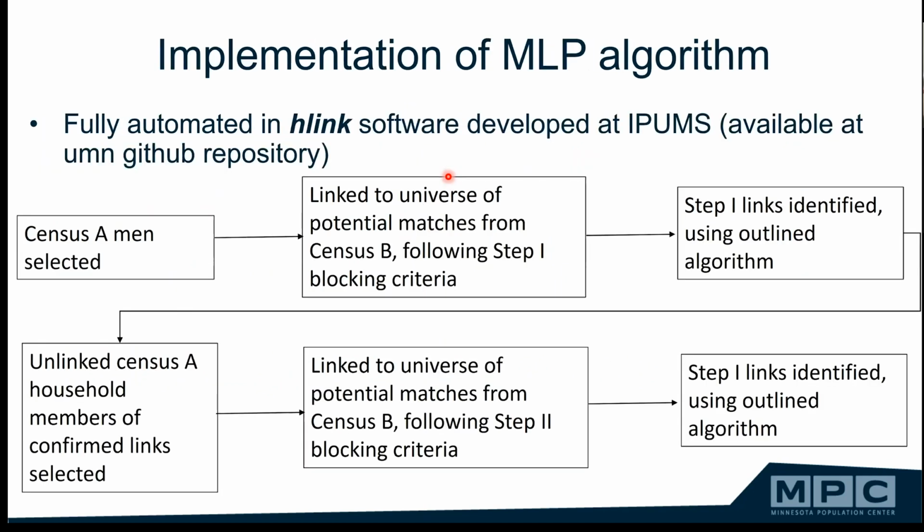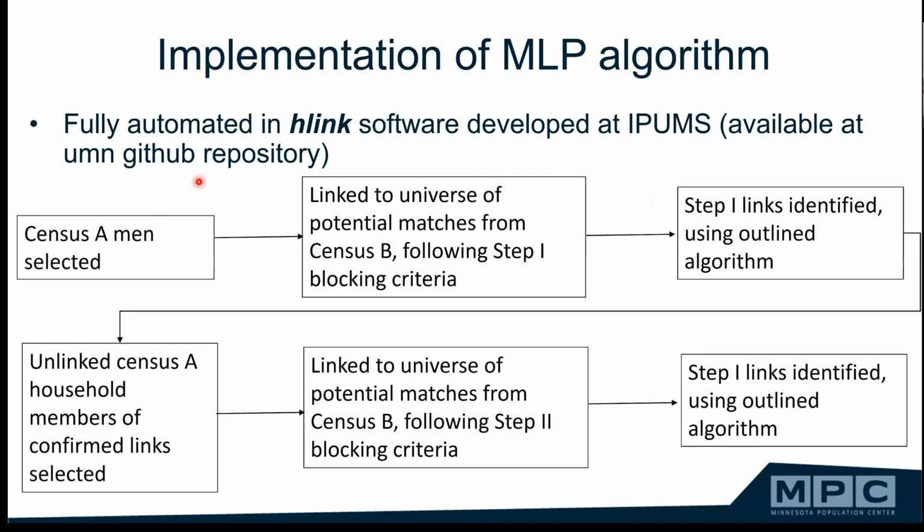So the implementation of this 2-step algorithm is fully automated in software called HLink that's been developed again by our IT staff, Kelly Thompson and Jake Wellington. It's available at the UMN GitHub repository. I'm not competent to talk much more about programming language and all that.